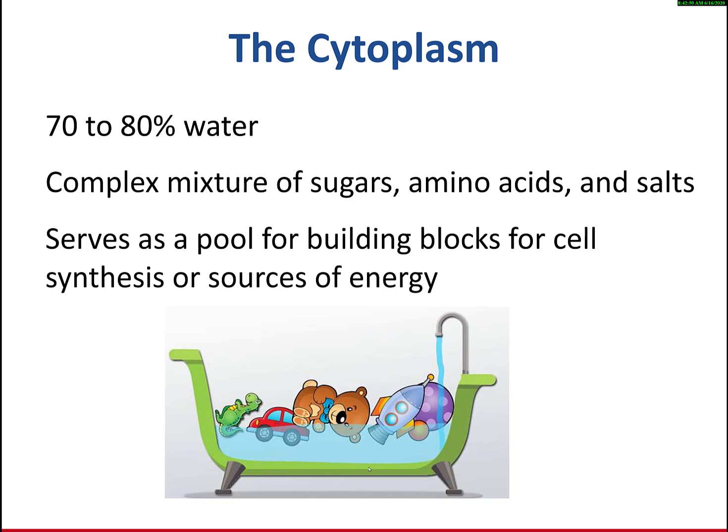That's sort of the bacteria cell right there. And then we have sugars and amino acids and salts and various things just kind of floating around, no specialized structures. So that's what I meant by having a bathtub sort of view to it, where 70 to 80% is water, and then you've got your play toys and everything floating inside.